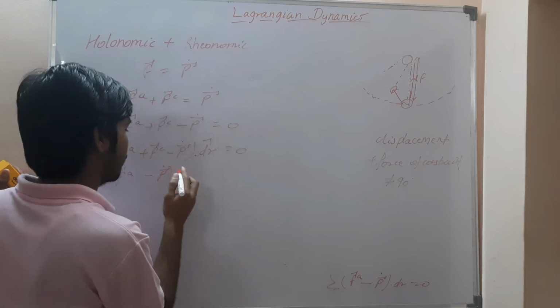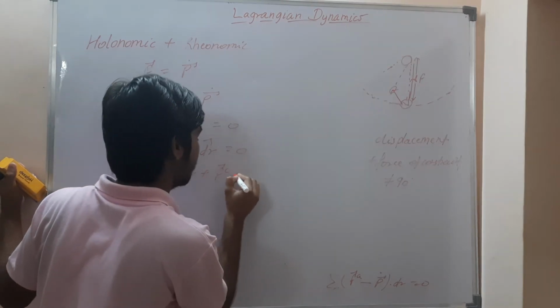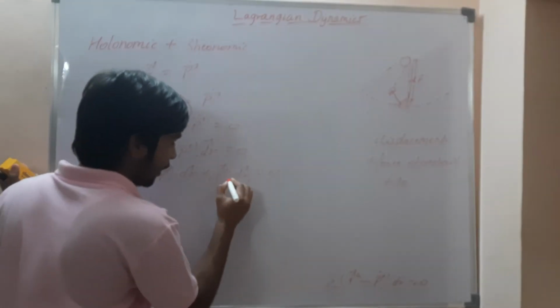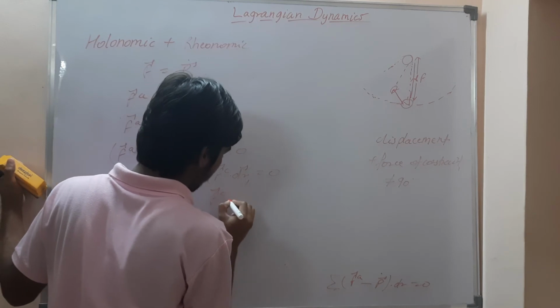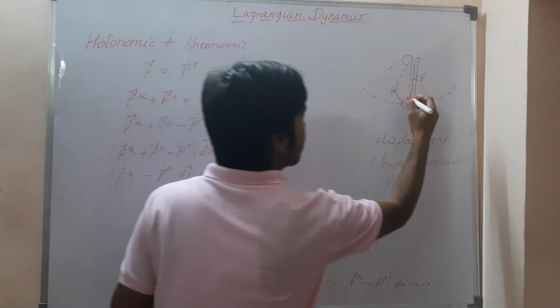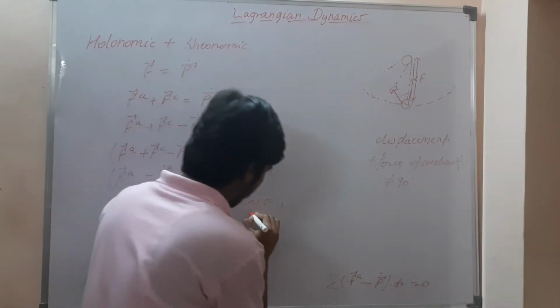But if I see this one, the term is dr cos theta, and this angle theta is not 90 degrees. So we cannot make it 0.